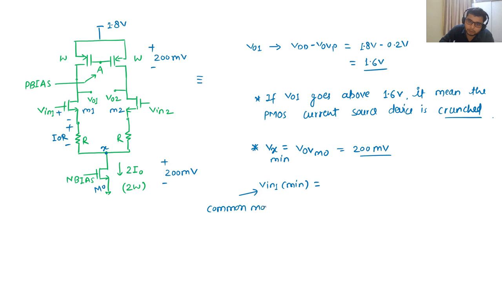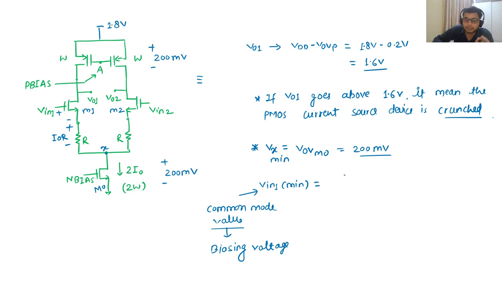Common mode value is nothing but the biasing voltage at this node, because we need biasing before applying any signal. This V1 looks like some AC signal, but as of now I am talking about a DC signal, which is a common mode signal. I am talking about the biasing voltage.